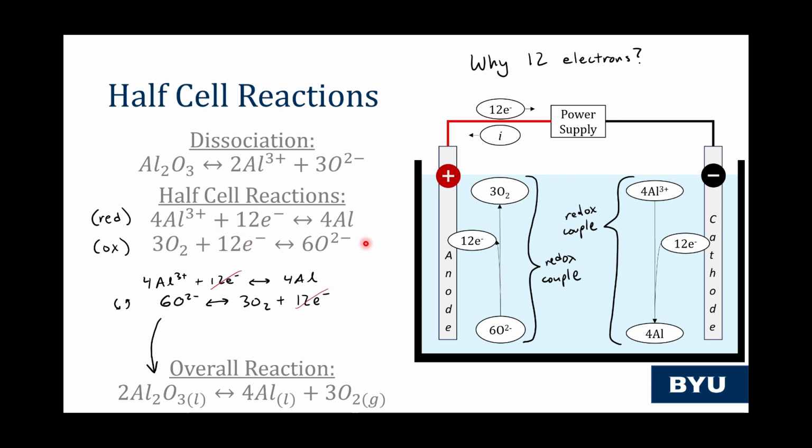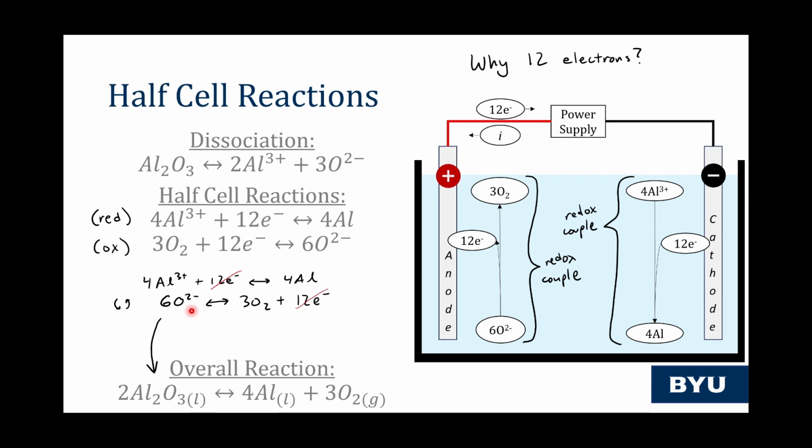So how do we go from these half cell reactions to our overall reaction? Well, how we do it is we take the reduced reaction minus the oxidized reaction. And so here I've written the reduced reaction, and then we subtract off the oxidized reaction.